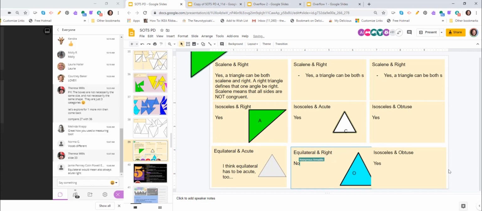Great time to get into fundamental counting principle. How many combinations are there if you have 3 sides and 3 angles?